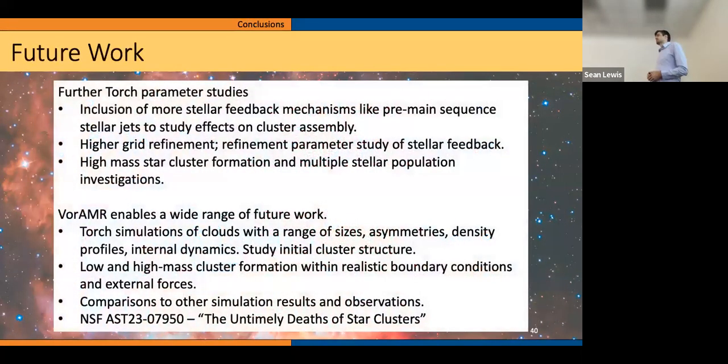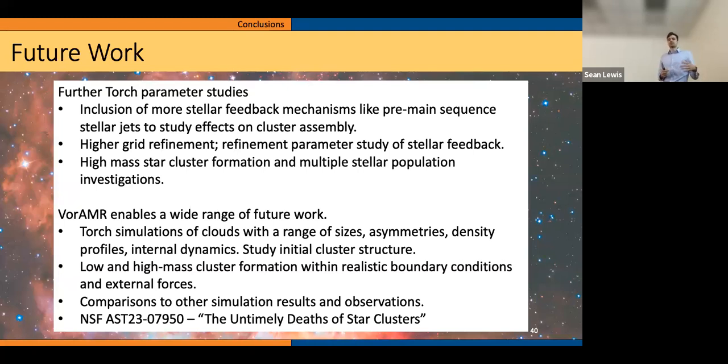Future work, there's a lot of work that can always be done with these projects. The Torch collaboration consists of 8, 9, or 10 graduate students across the world, and there's continuous work being done in developing that numerical framework and pursuing some studies there, looking at things like multiple stellar populations in star clusters, higher mass star cluster formation, and adding feedback effects that were previously not present in the model, like stellar jets.